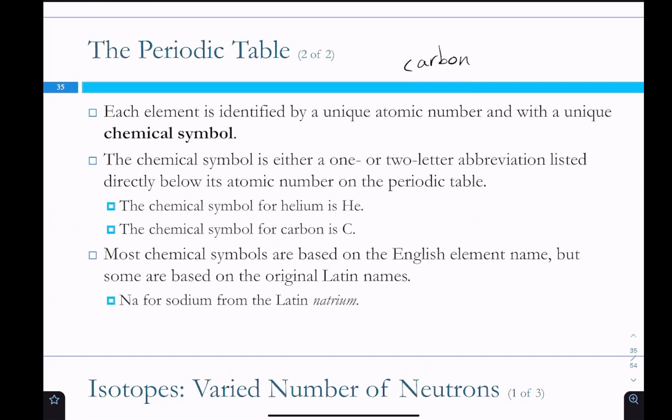If you write cobalt as capital C, capital O, it's going to look like carbon monoxide, capital C, capital O. So cobalt is lowercase o.